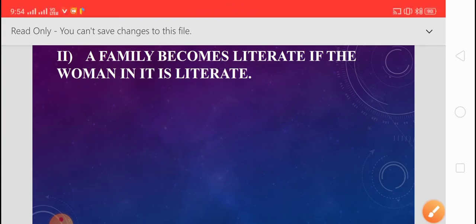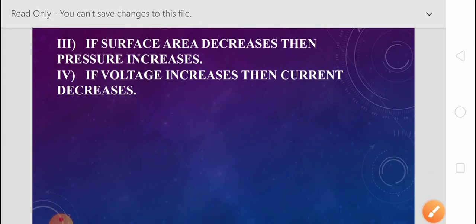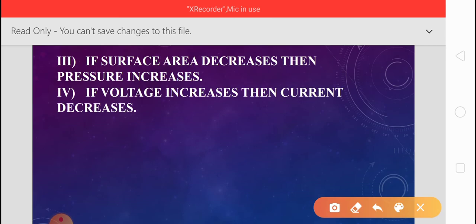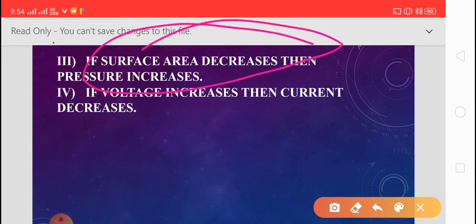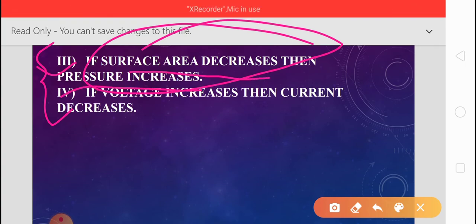Similarly friends, you must solve these two questions, which I will take from exercise 1.3, question number 4. First question: if the surface area decreases, then the pressure increases.